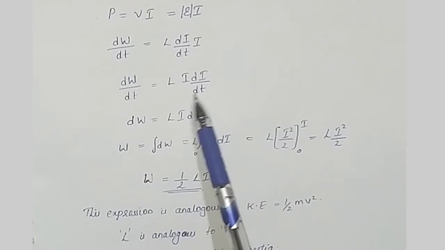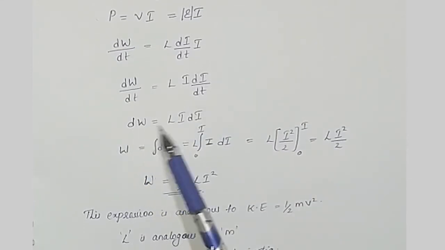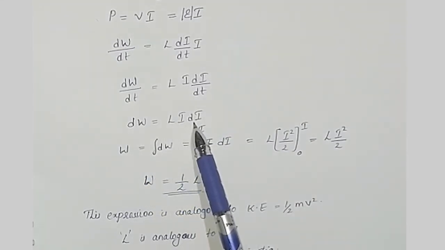And by rearranging we get dW is equal to LI into dI.